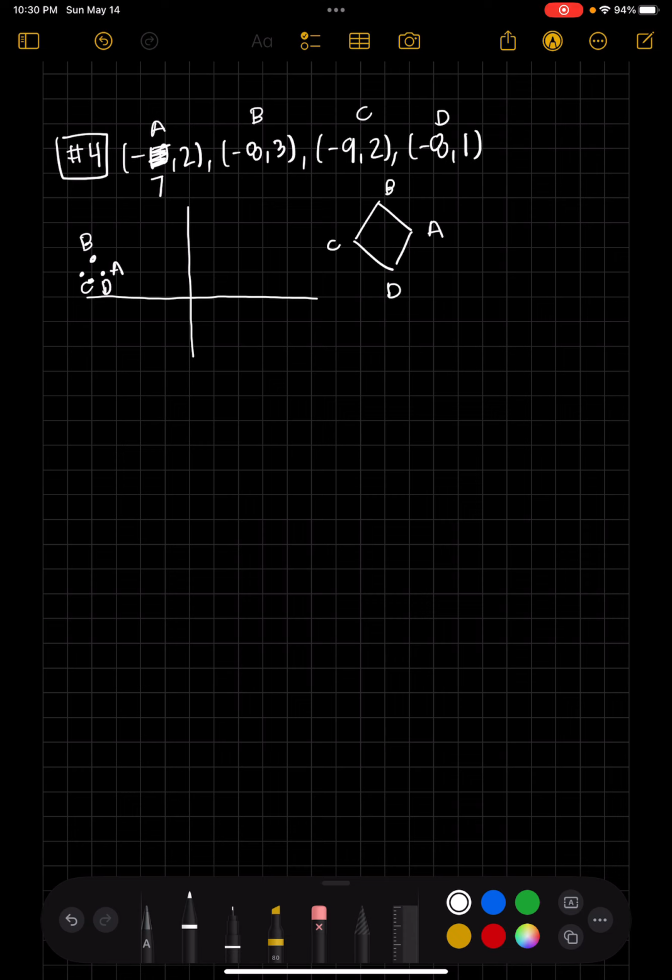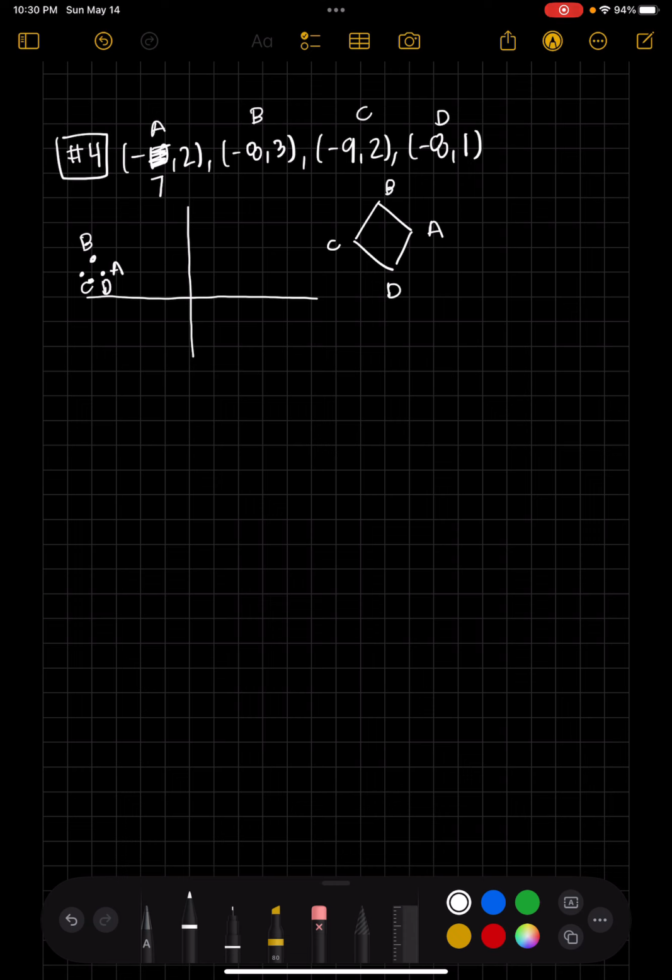All right, so if I want to find the area of this sucker, first of all, it's like a square, but it's tilted on its side. And so to find the area of a quadrilateral, or a four-sided figure, you can say the area is just base times height.